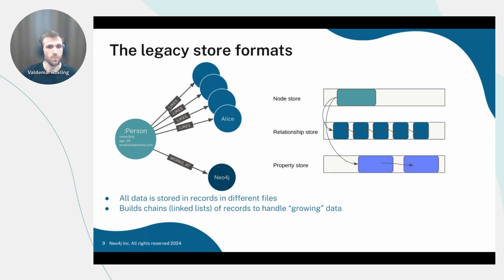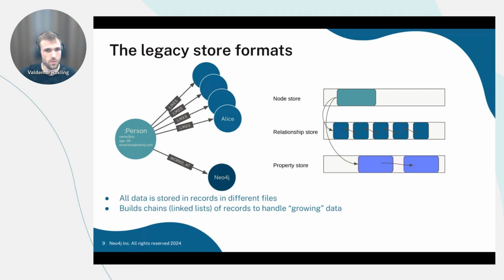And then we use references to link these things together. So a node that has relationships has a reference to the relationship store. And then in order to handle the growing data, because you want more than one, we built something that we called relationship chains, so linked lists that bind them together. And the same way for properties. So a node that has properties will have a reference into the property store and then a linked list of properties.